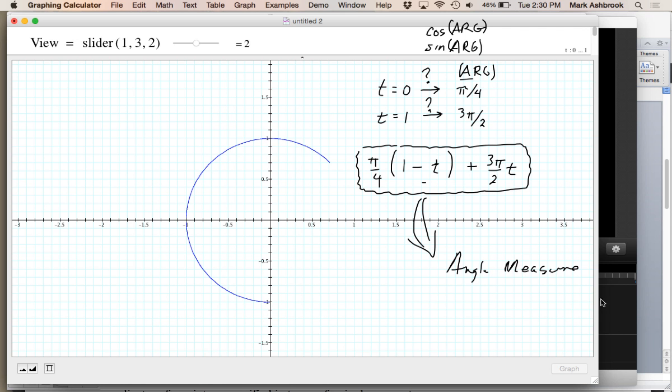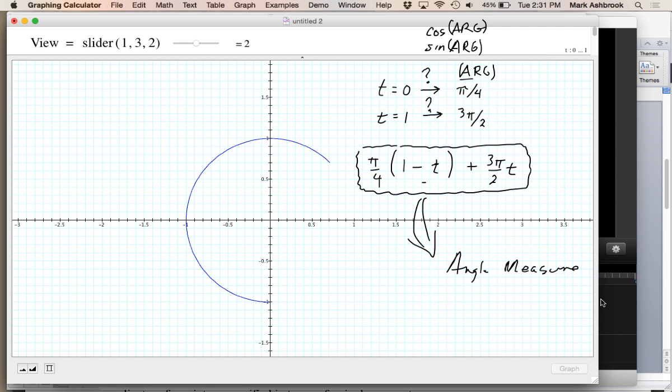And when t equals 1, what do you get? 3 pi over 2, right? So this all goes away. As t changes from 0 to 1, you're changing in a linear fashion, gradually between pi over 4 and 3 pi over 2. You can test a point in the middle to see that.